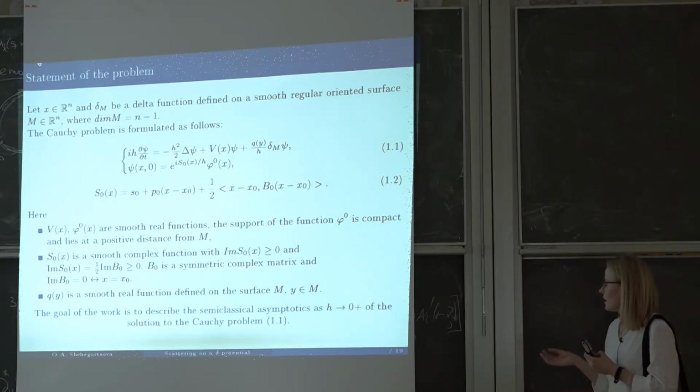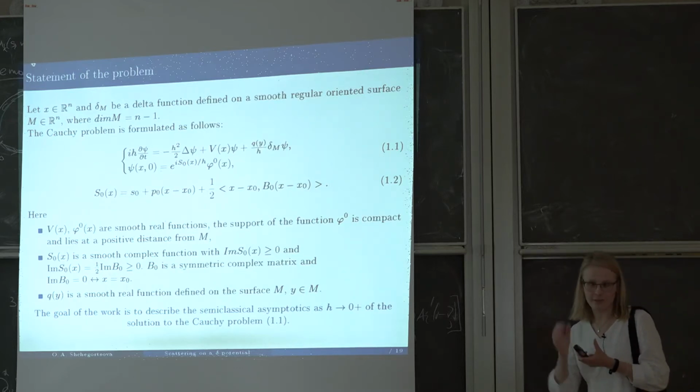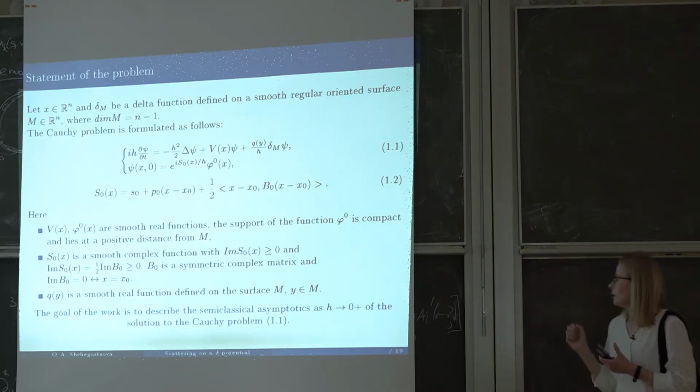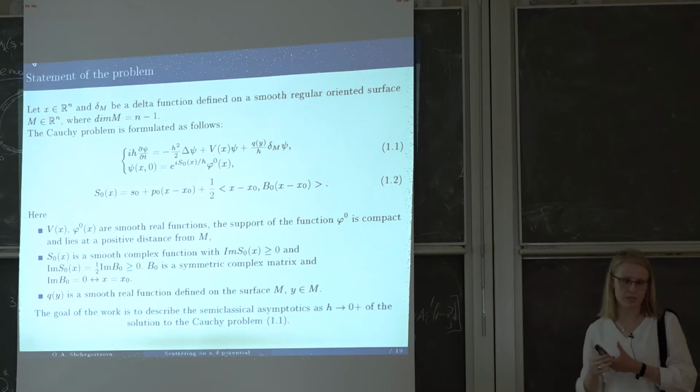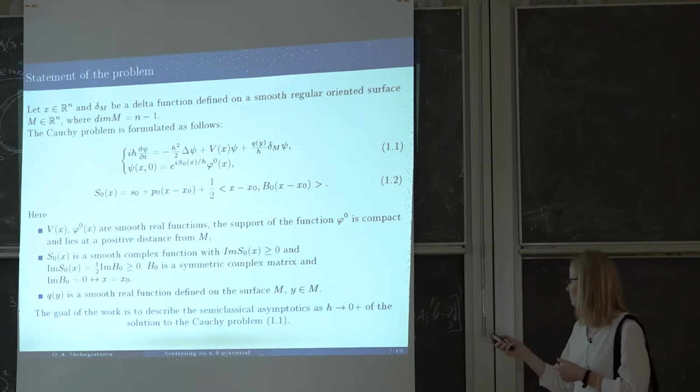These methods are really well developed, but not for singular coefficients. It is connected with the fact that Maslov's theory is developed only for smooth coefficients. So we want to describe the semi-classical asymptotic for this Cauchy problem.